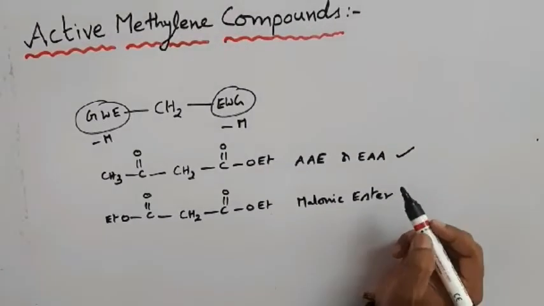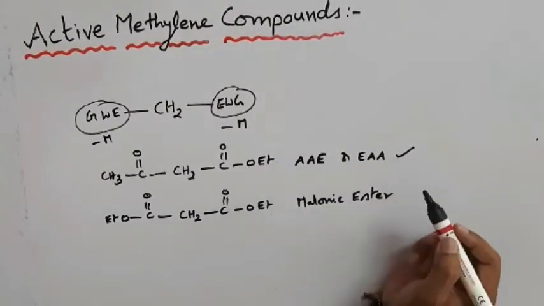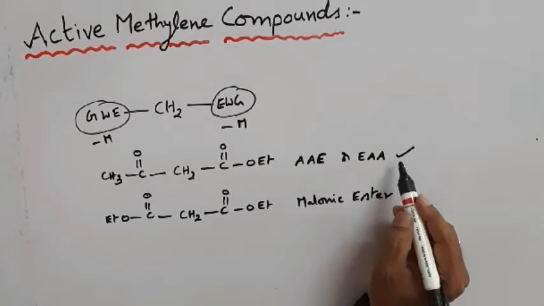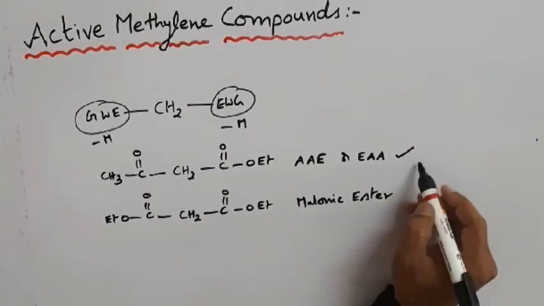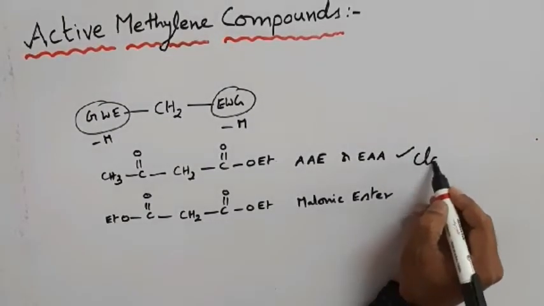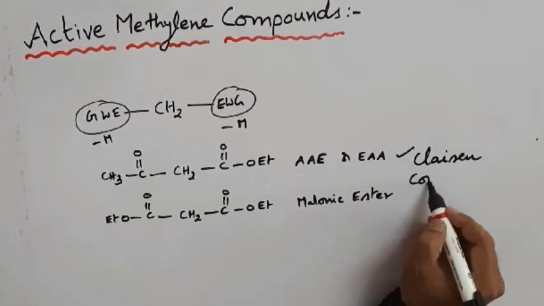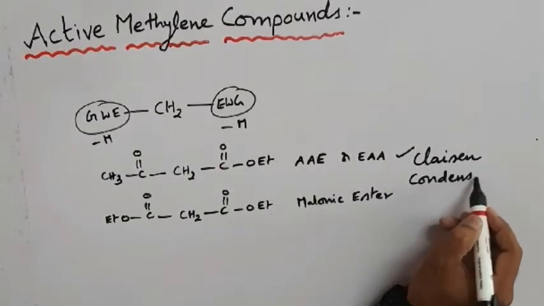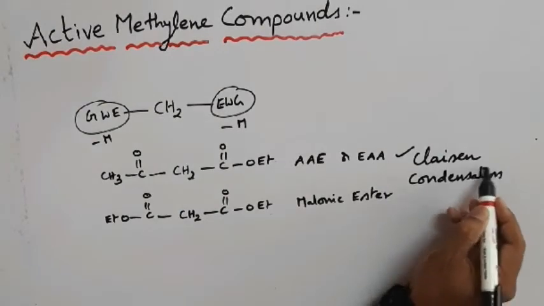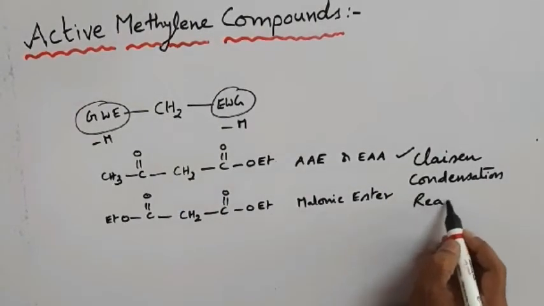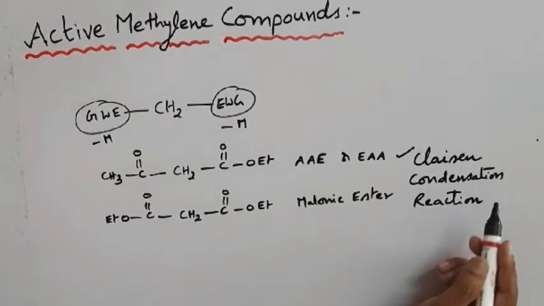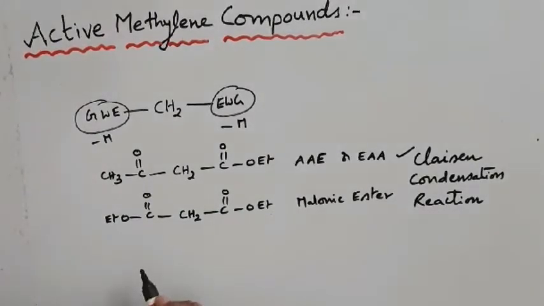How do you prepare acetoacetic ester synthetically? Acetoacetic ester is prepared synthetically by using Claisen condensation reaction. What is this Claisen condensation? Claisen condensation is condensation of 2 ethyl acetate molecules, 2 ester molecules.